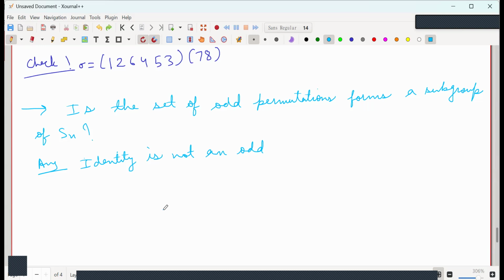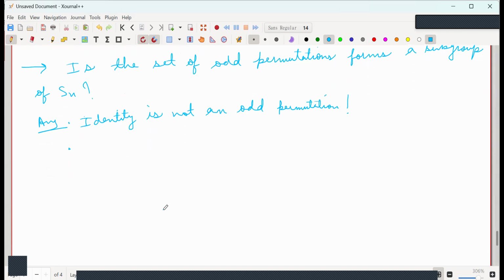So one thing is clear, a permutation is either even or odd, right? So the identity is in fact an even permutation. So it's not going to be an odd permutation. Also, the product of two odd permutations is an even permutation, that you should check.